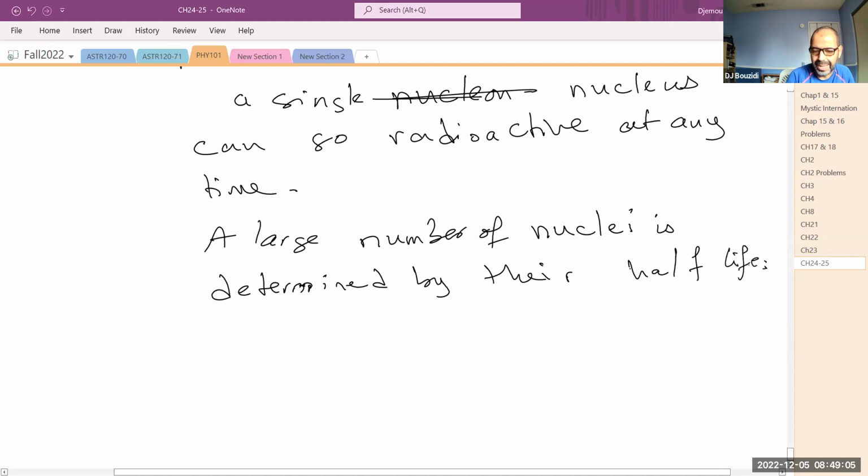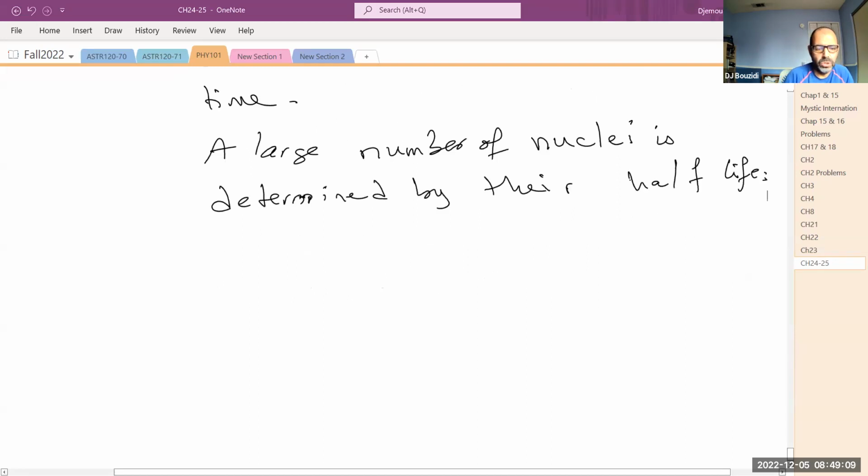Half-life. What I mean by that is that every single element has its own half-life. So if you start with a mass or volume, it doesn't matter, of a given element, how long, that's the question, how long does it take for it to lose half of its mass. That's all.